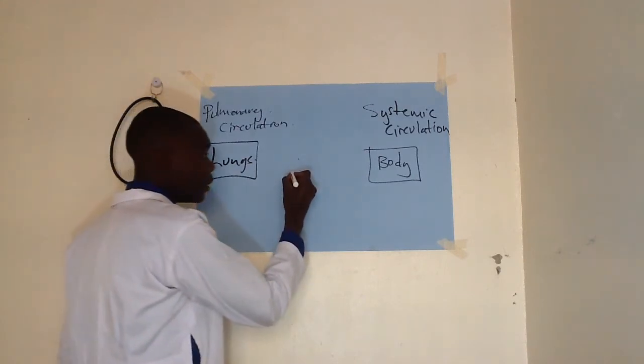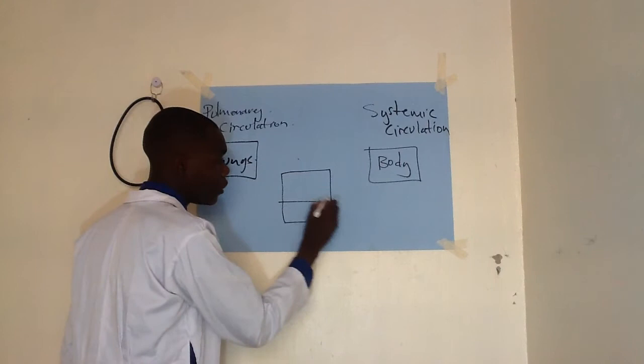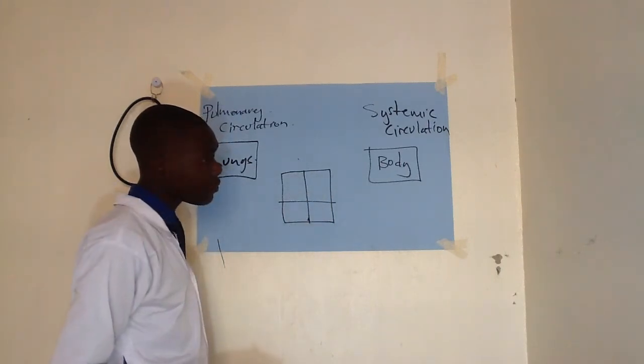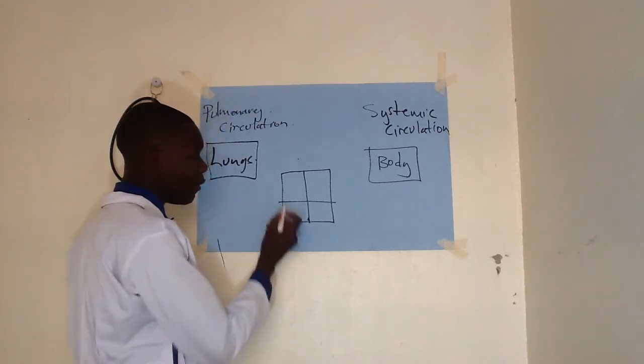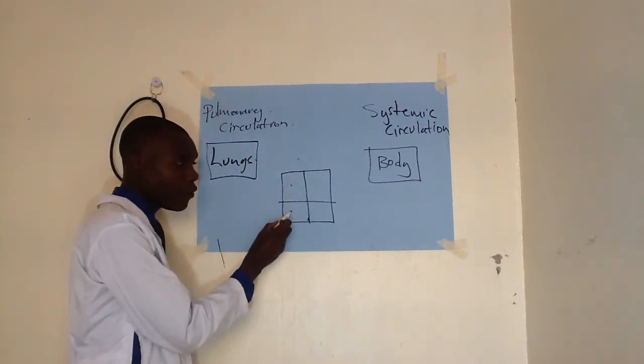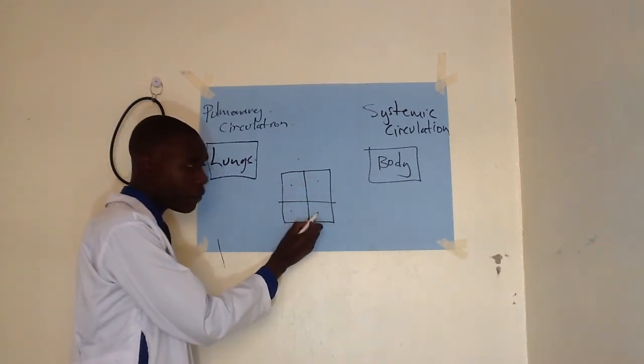So this is probably our heart. It has 4 chambers. We have the right atrium, right ventricle, left atrium, left ventricle.